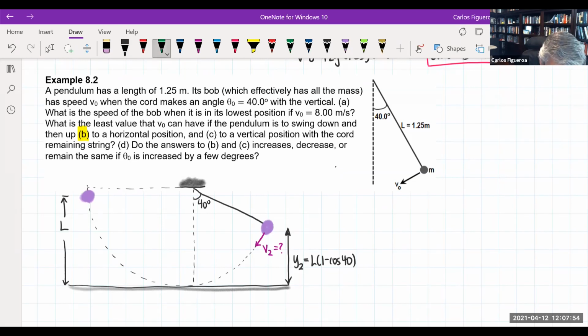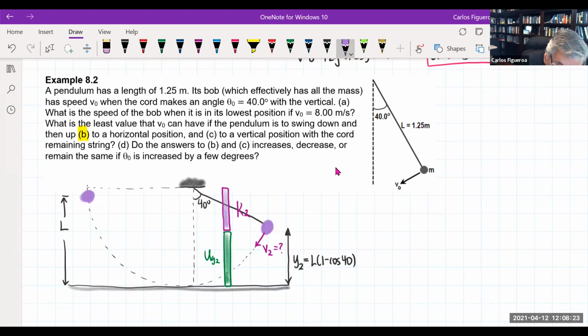Well, I know for a fact that this has to be my gravitational potential at this point. And then I have to push it with some initial speed in such a way that it goes all the way up to the top here, so that this is my kinetic energy 2.